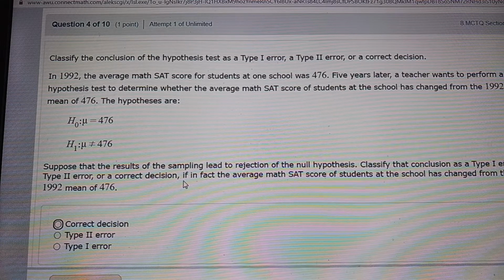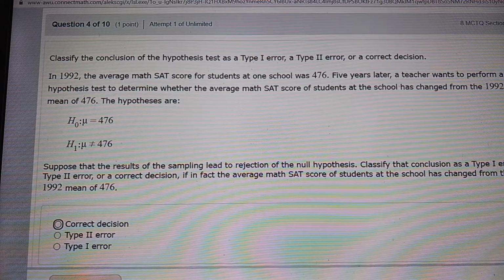And then this is the part we normally don't know, but we don't know if we're making a right decision by doing that. So what if in fact the average scores of students has changed? If the reality is that it's changed, that means the one where the not equal to is actually true. Or they could just say, like the quiz said, if in fact the alternative is true.